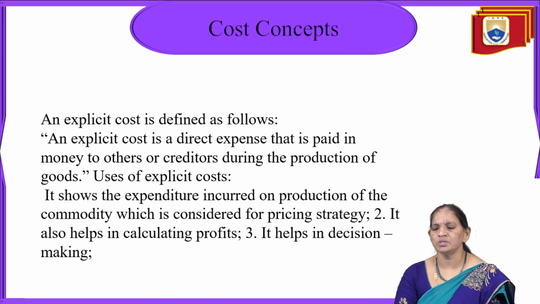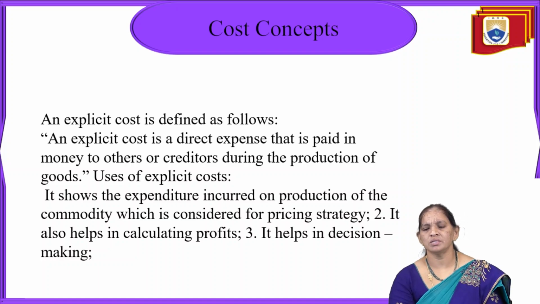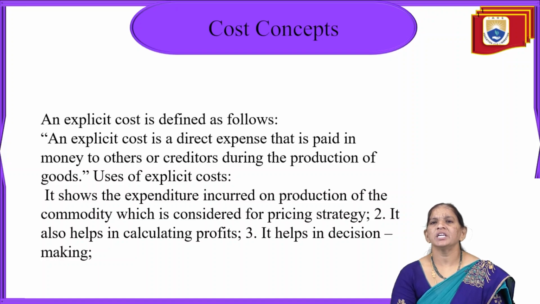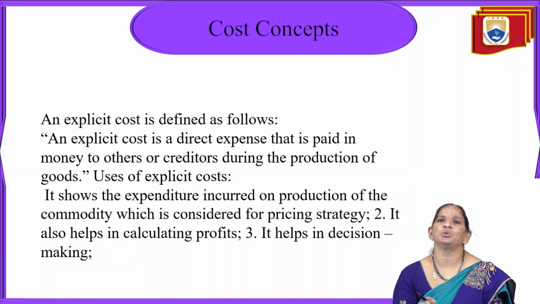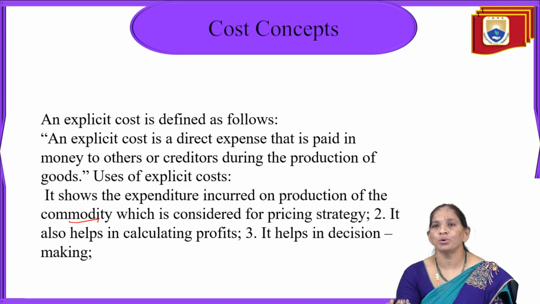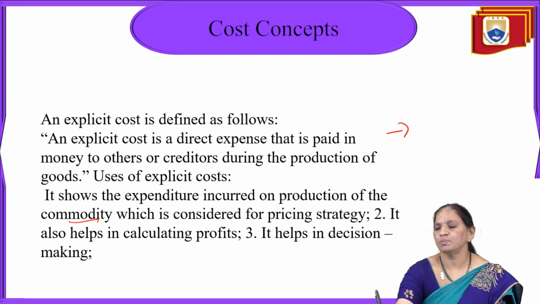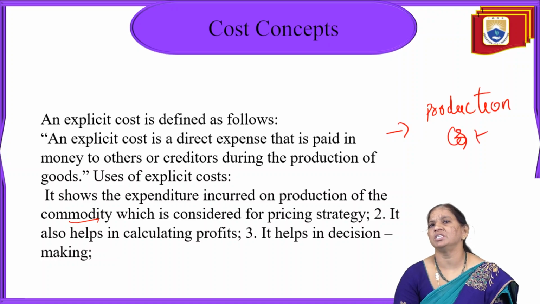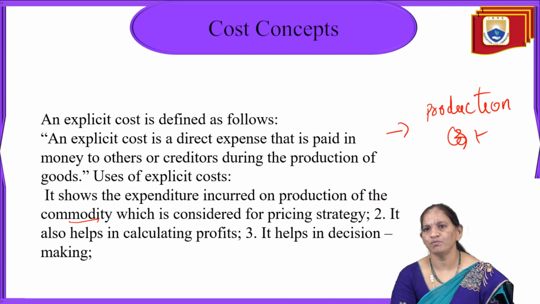There are some uses of explicit cost. These expenditures are mainly related to the cost of production, that is, when the goods, services, commodities are produced. Explicit costs are production costs, given for labor, materials or any factors of production in the process.